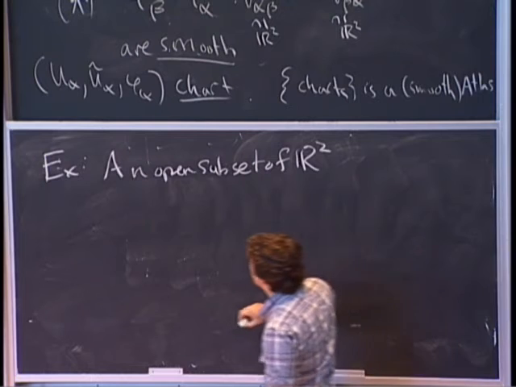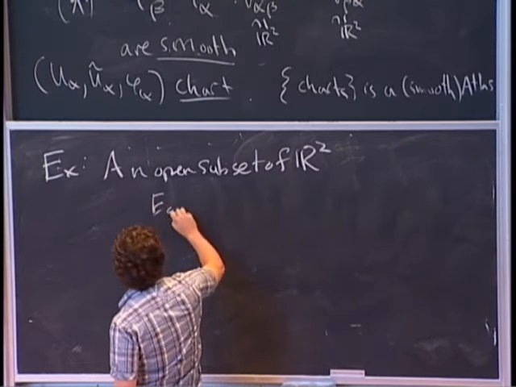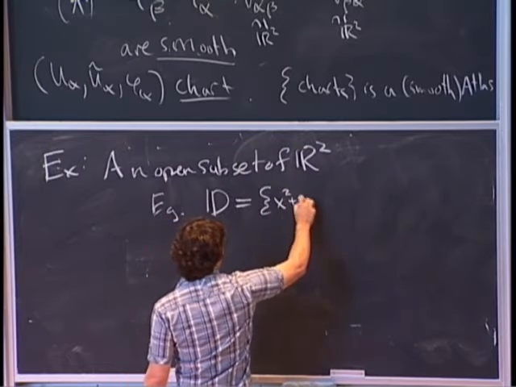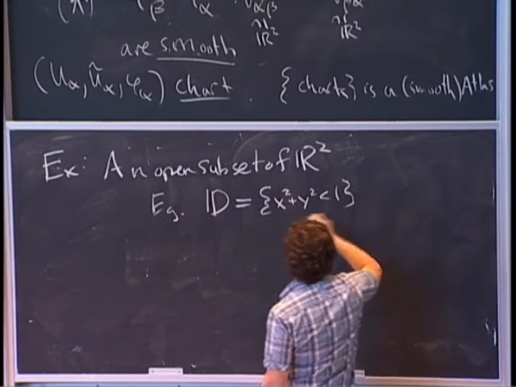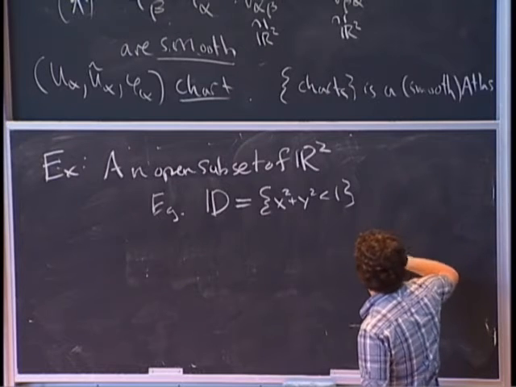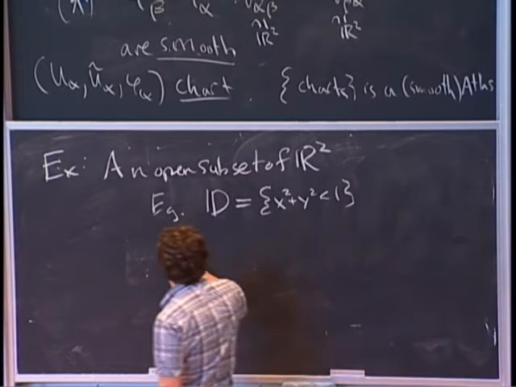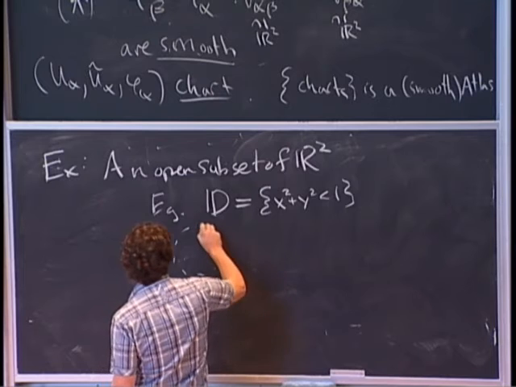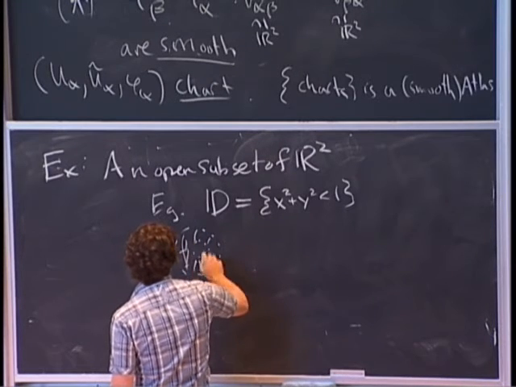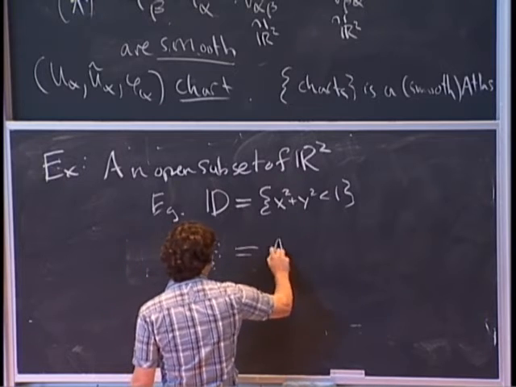So for example, we could take what might be called the unit disk, which of course is the same as all of R2, one should check. Or, for example, the annulus. This is the annulus.